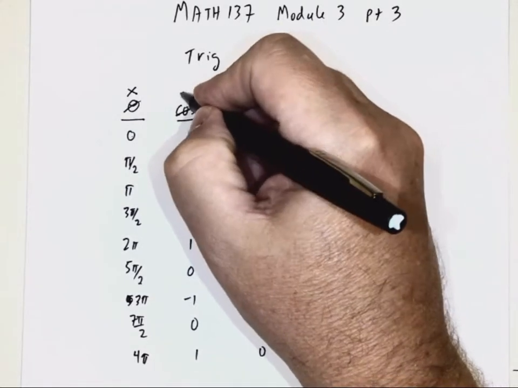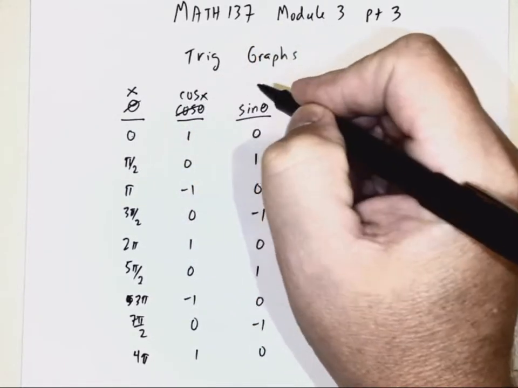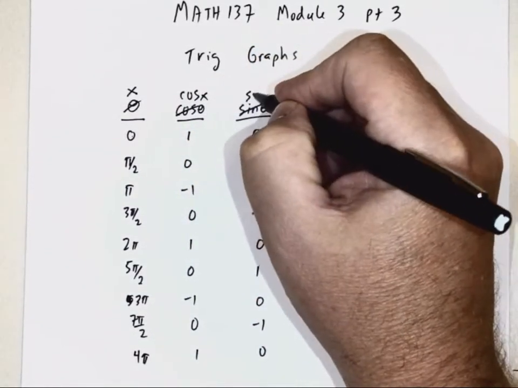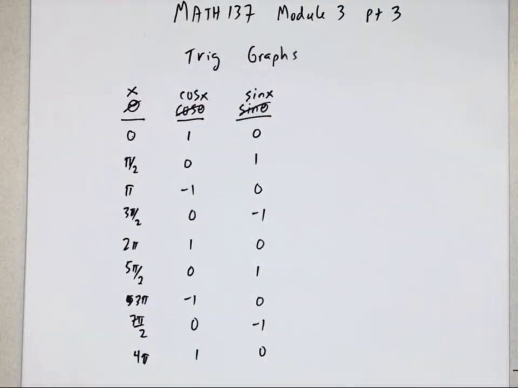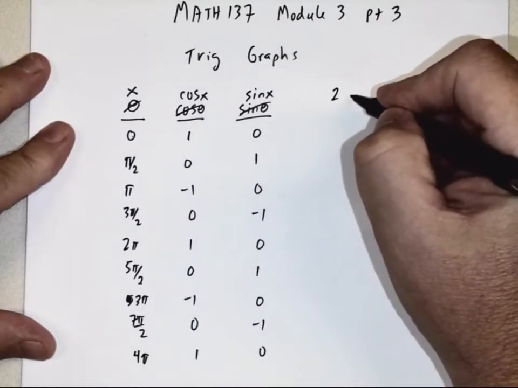So this is really cosine of x, sine of x. And here's what we're going to do. We're going to make two separate graphs.